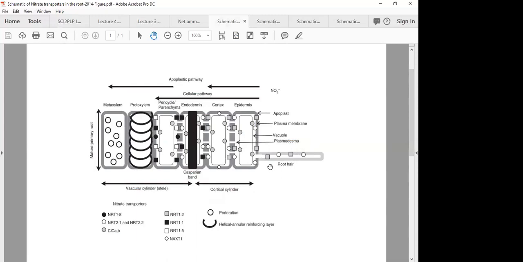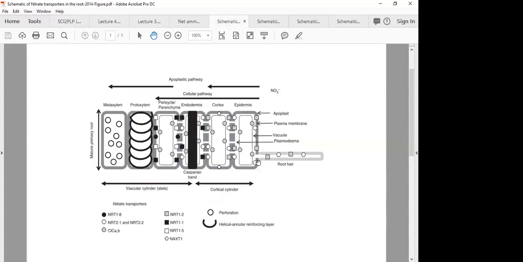What we can see here are these little boxes, these little circles that we find on the plasma membrane of the root hairs, and also some of these are found on the vacuolar membrane called the tonoplast.